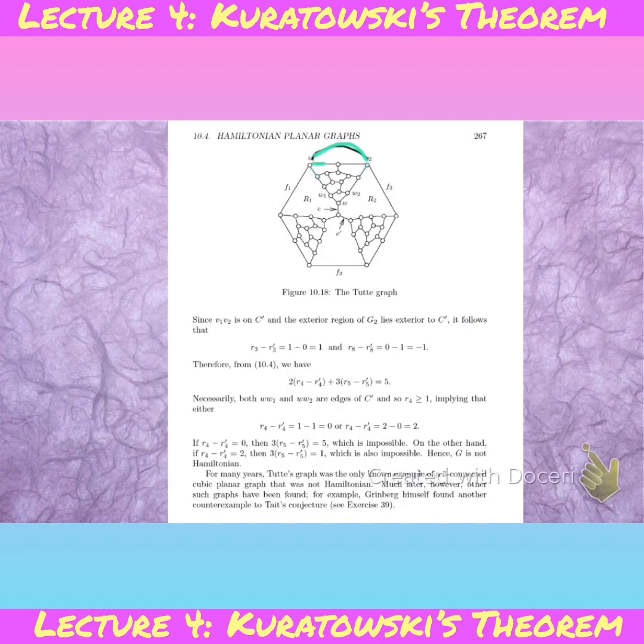So the only other option is for it to go that way, and that is the only possibility. So this region is an interior region. So R3 is 1. So R3 minus R3 prime is 1 minus 0, which is 1.